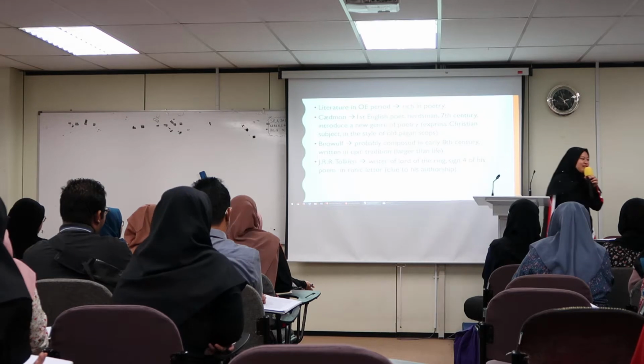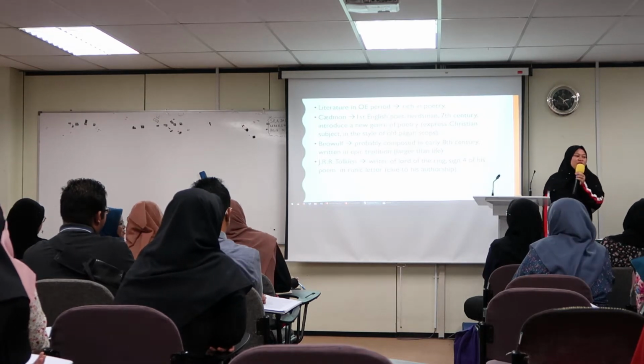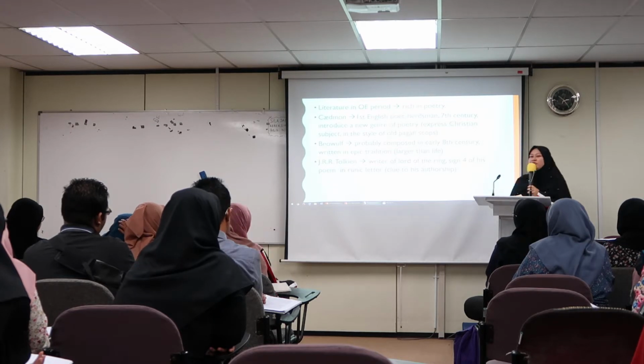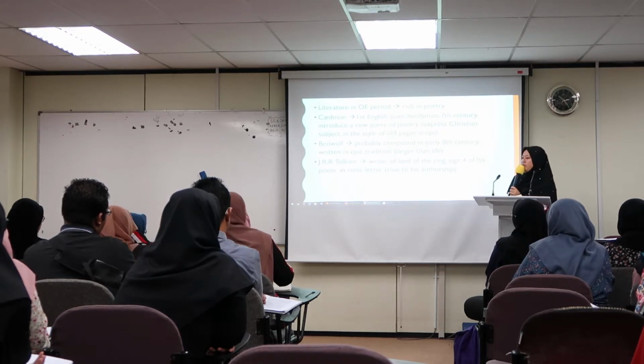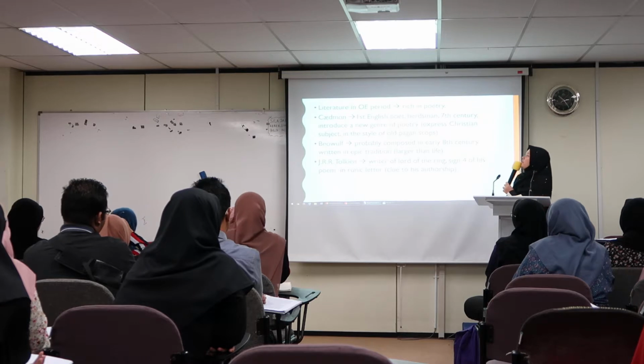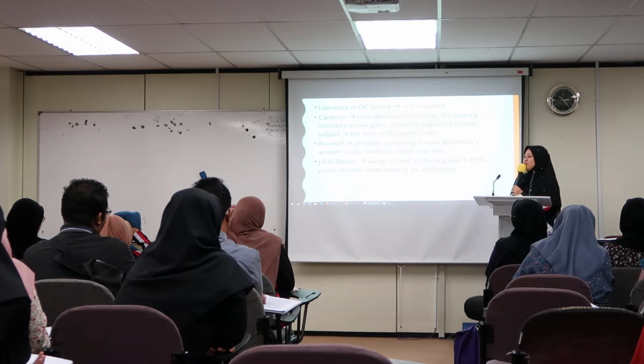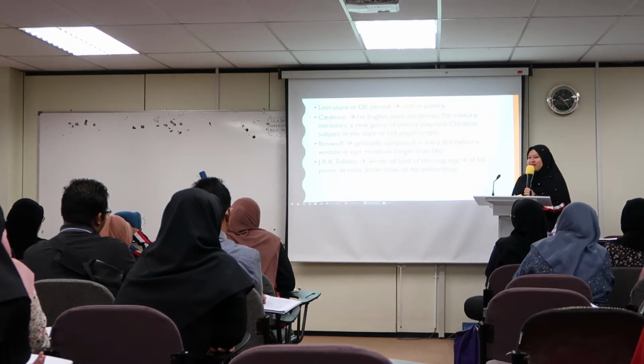Okay. So the literature in the Old English period. Old English is rich in poetry. Caedmon is a person, the first English poet. He was a herdsman. You know herdsman?